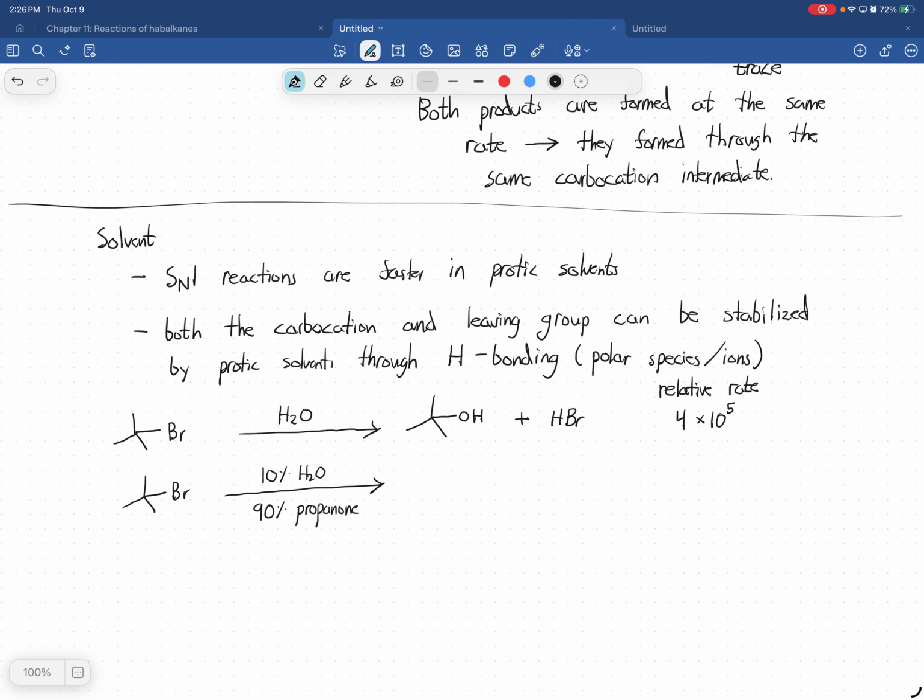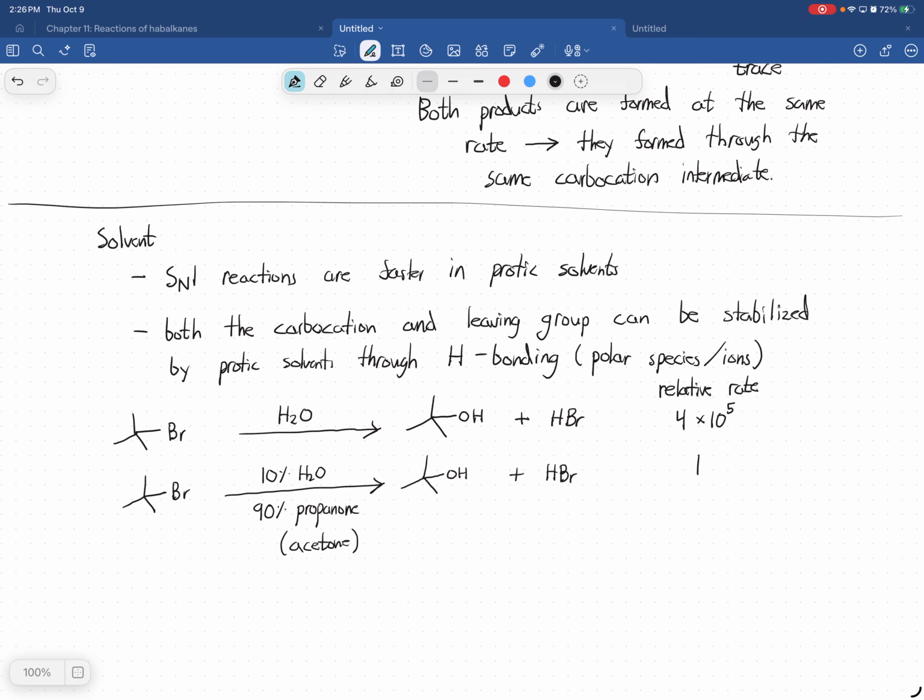Propanone is the same thing as acetone. That's the IUPAC name. The common name is acetone. I'll just put it in parentheses. So we get the same product here, but the rate is much slower.